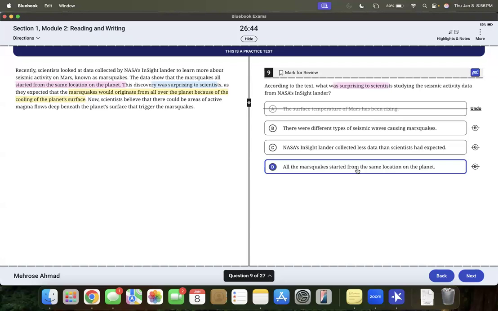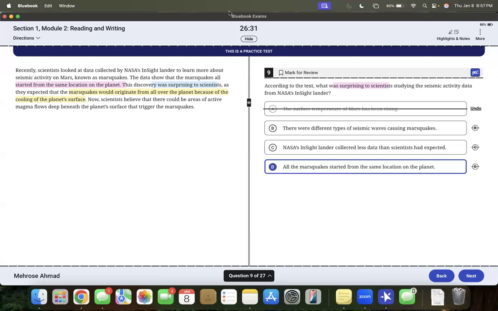In the last 2 or 3 minutes, I just wanted to quickly summarize what we talked about today. We have gone through a lot of practice SAT questions that you should expect to see on the SAT. These include main idea, detail, grammar, punctuation, and transition words.